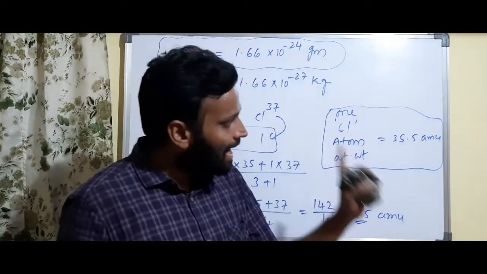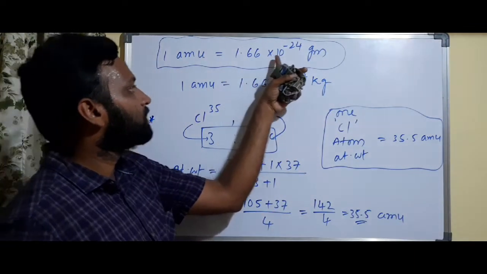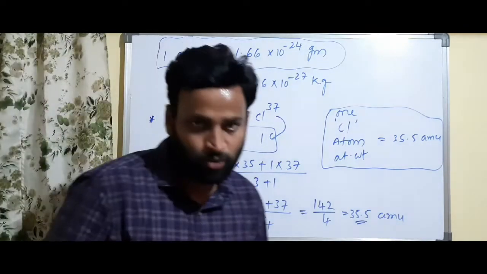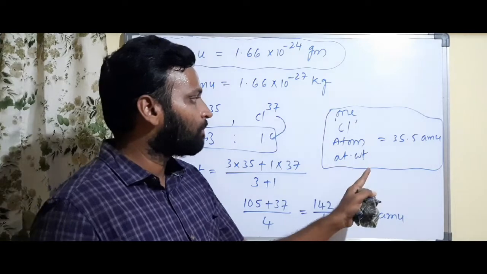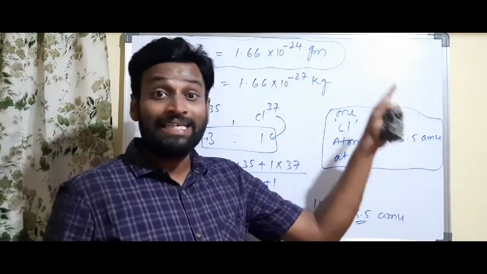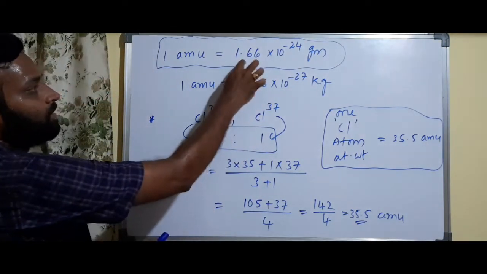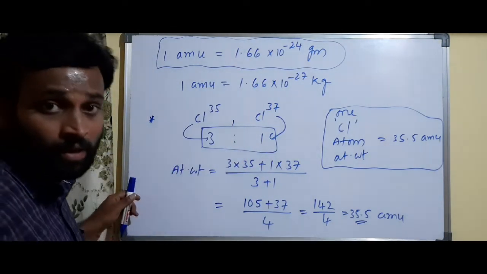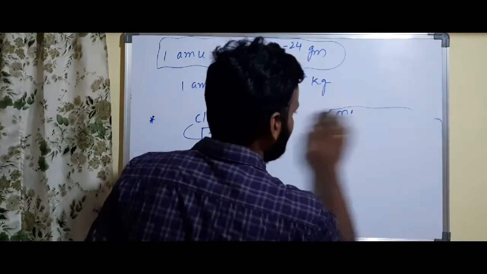Sir, if I want the mass of 1 atom in grams, you have to multiply with 1.66 into 10 power minus 24. What is the atomic mass in grams of one particular chlorine atom? You multiply with 1.66 into 10 power minus 24. Got it?